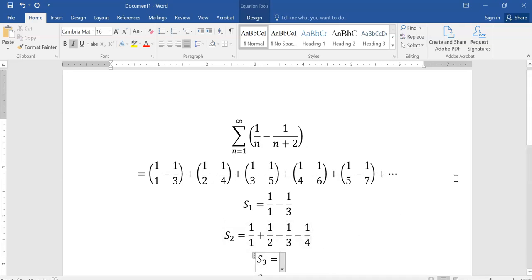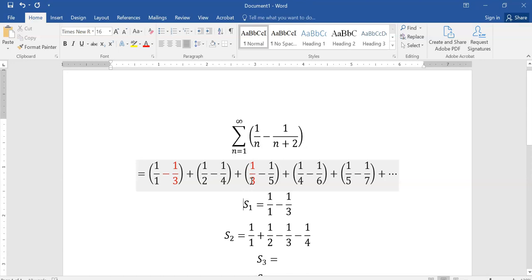Now, in the third partial sum is where things start to get interesting. So we're looking at the first 3 terms. And this is the reason it's called telescoping. So here's what's going to happen. Notice we have a minus 1/3 here, and we have a plus 1/3 here. So when I add up the first 3 terms, this minus 1/3 is going to cancel out with the positive 1/3 here.